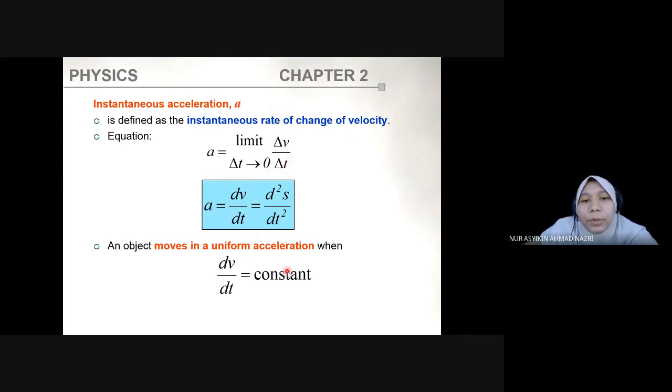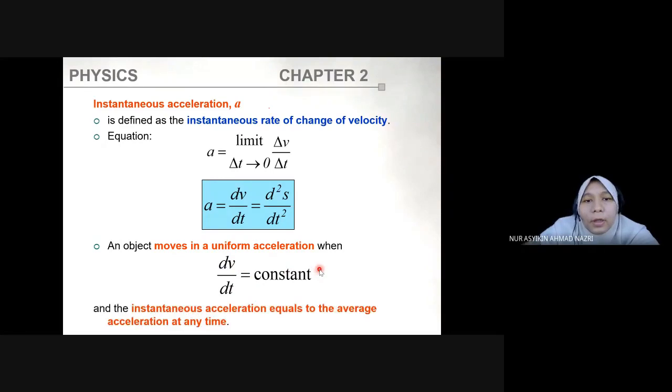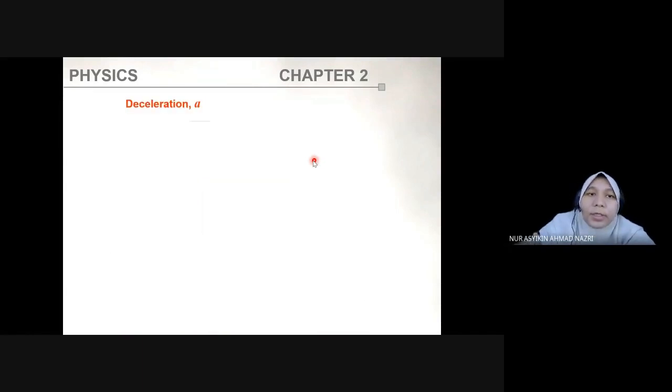But kalau yang when we find the value tu constant je, we can explain yang that motion tu is in uniform acceleration equal to average acceleration at any time. So the instantaneous tu akan sama lah macam average acceleration, macam saya explain yang kereta tadi velocity, so sama dengan case acceleration ni.